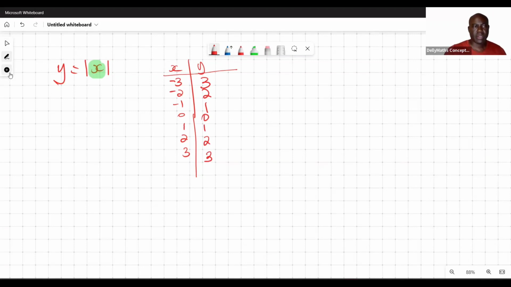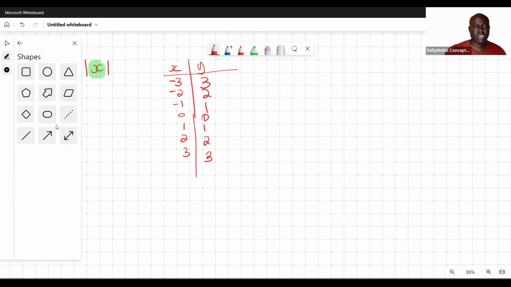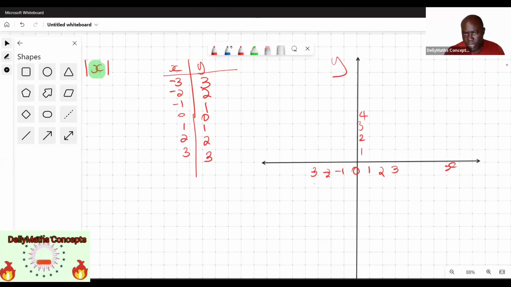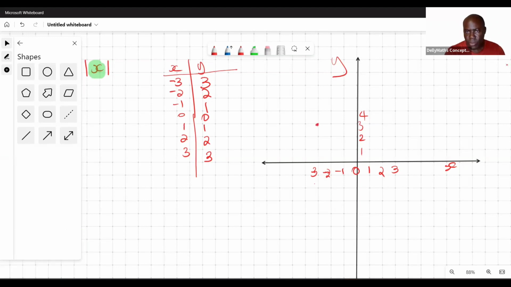We're supposed to drop this on a grid, x, y. So -3 goes with 3, -2 goes with 2, -1 with 1, 0 with 0, 1 with 1, 2 with 2, 3 with 3.